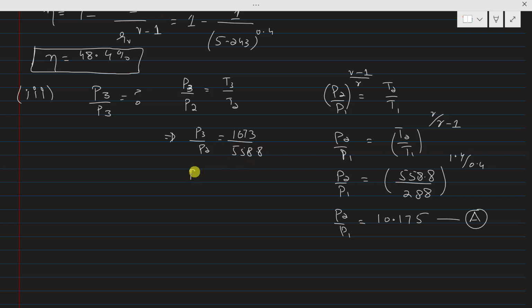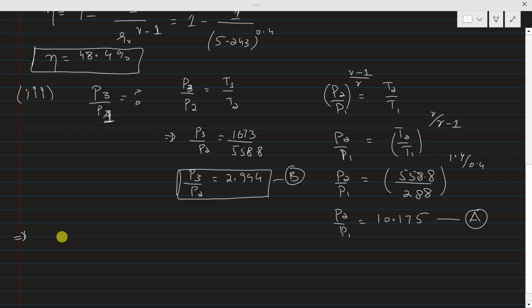So after doing simplifications you will get P3 divided by P2 as 2.994. This is equation B. To find the P3 divided by P1 value, multiply equation A and B with each other, each side with the corresponding side.